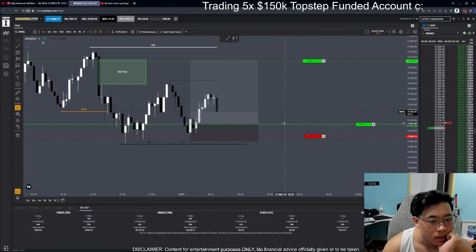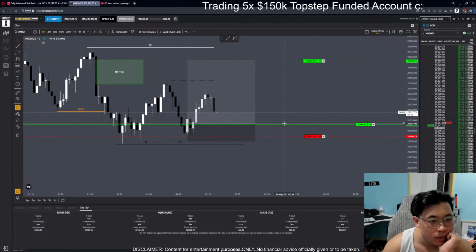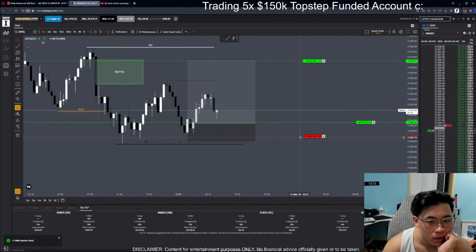If it does come back to this area, I actually might scale in a little bit more. I'll scale another maybe 3. Yeah, kind of like the look of this.